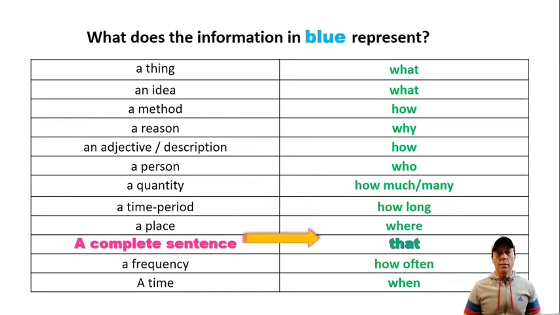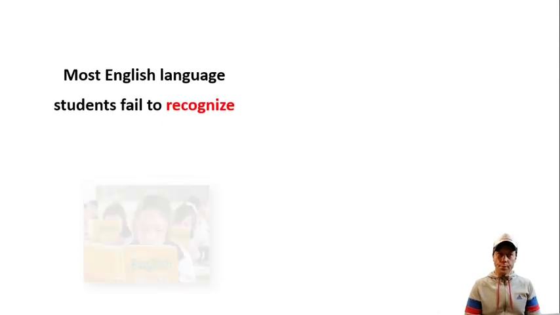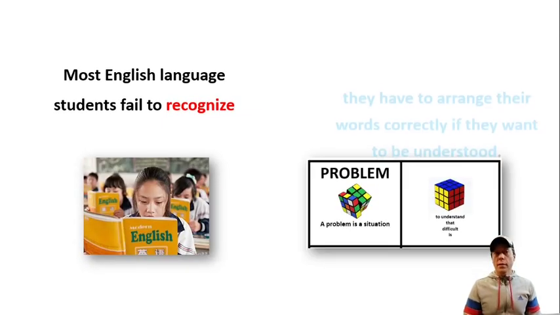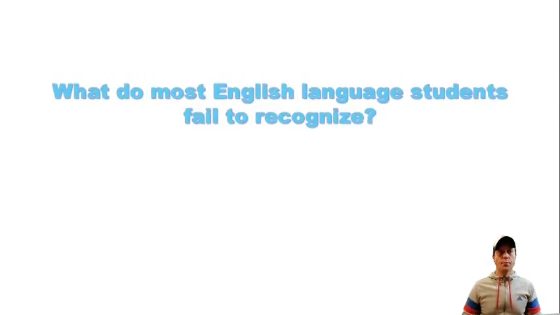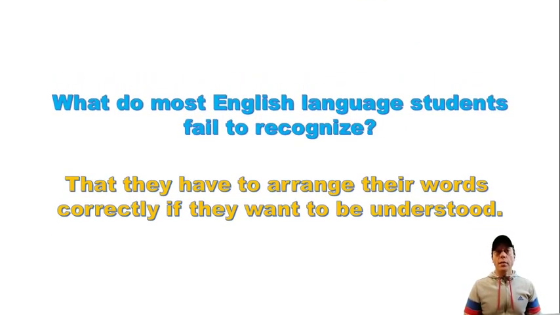It's a complete sentence, and we use that to connect a complete sentence to a mental verb. Therefore, most English language students fail to recognize that they have to arrange their words correctly if they want to be understood. And the question, what do most English language students fail to recognize? And the answer to a complex question, that they have to arrange their words correctly if they want to be understood.